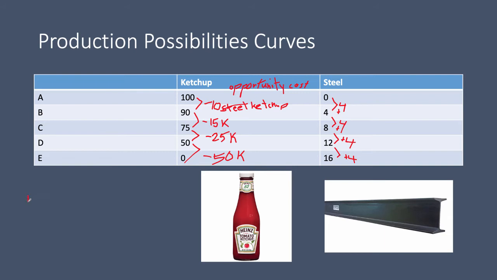That means that whenever you produce more of something, it almost always costs you more and more of the other good as you produce more of the new good.